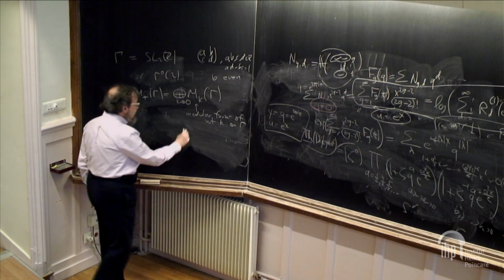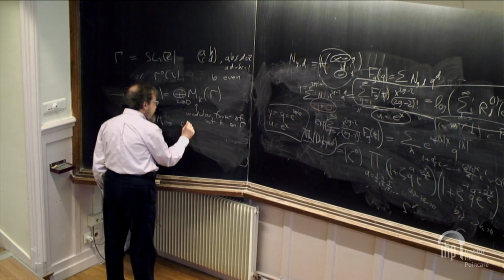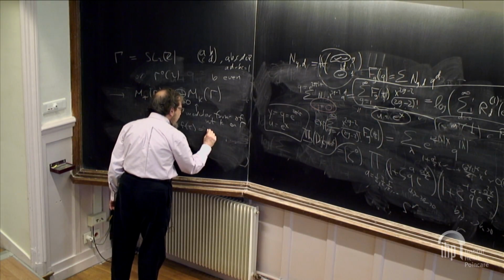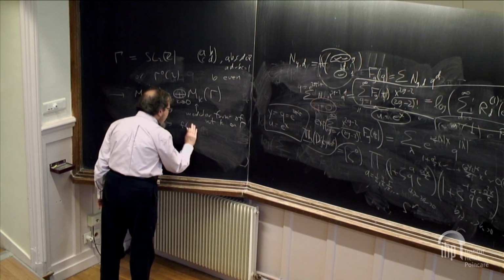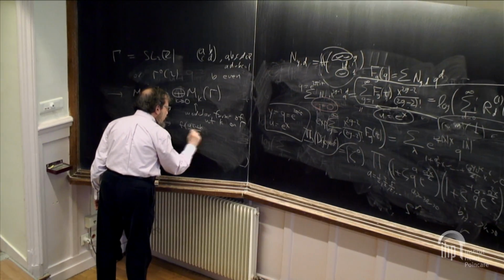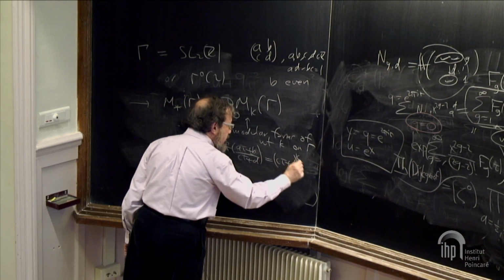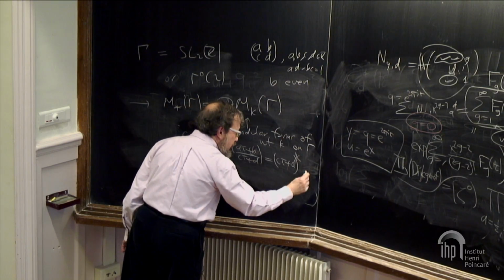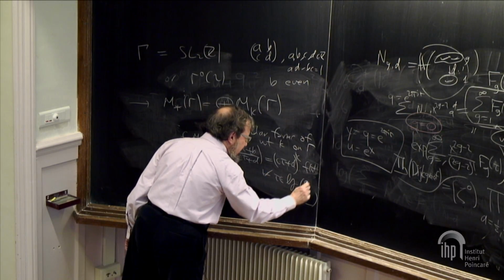And what that means is that f is in Mk if and only if f of tau equals... okay, I can say the main point is it's a function which transforms according to this famous formula: f of (a tau plus b) over (c tau plus d) equals (c tau plus d) to the k, where k is this weight, times f of tau, for all tau in the upper half plane and for all a, b, c, d in my group.